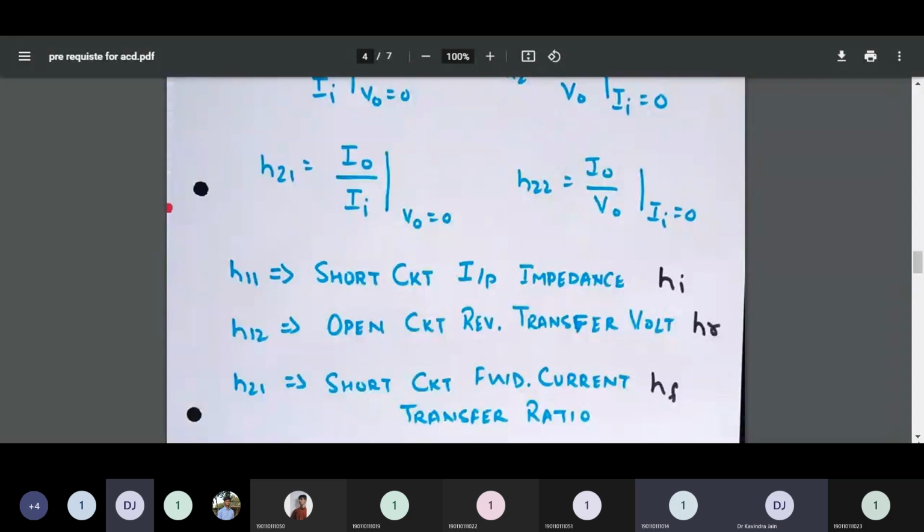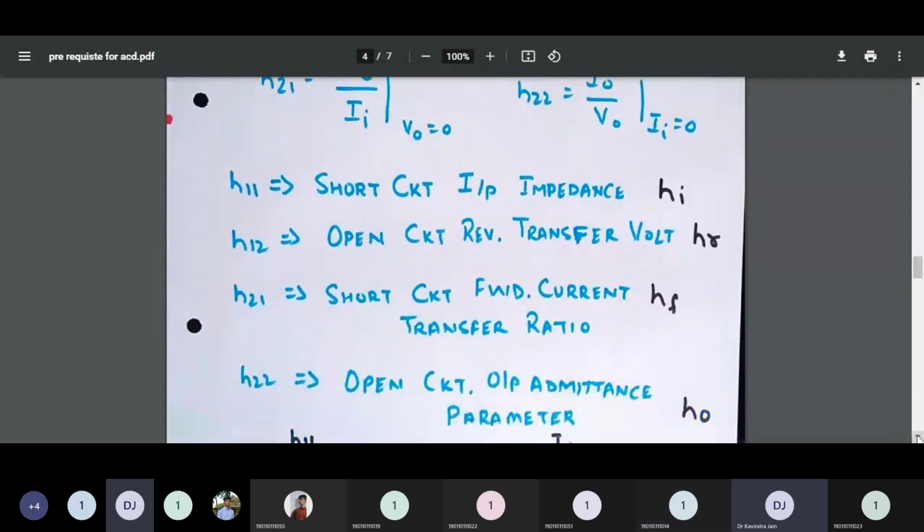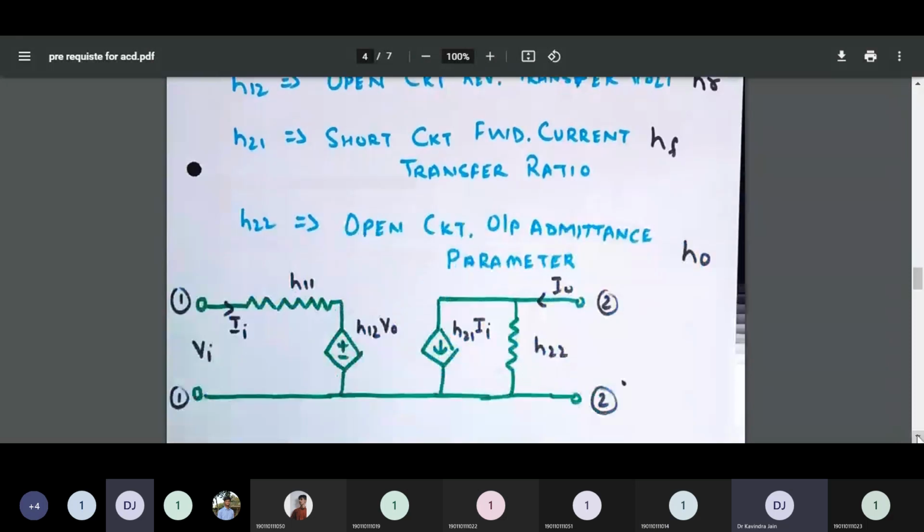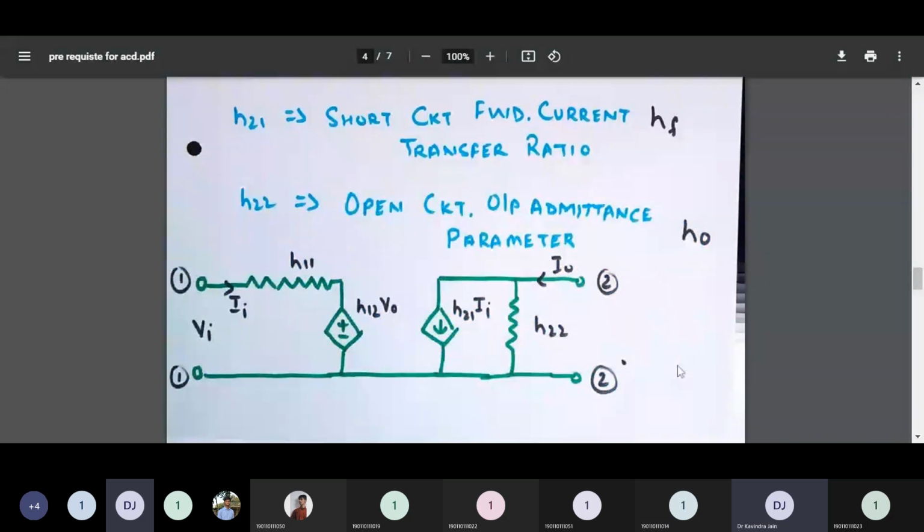Fine. So as we have discussed, these are the 4 parameters, and for CE configuration we have drawn the AC equivalent model something like this, where this is our input resistance, this becomes our H12, that is nothing but reverse voltage gain along with output. So this becomes our input voltage.